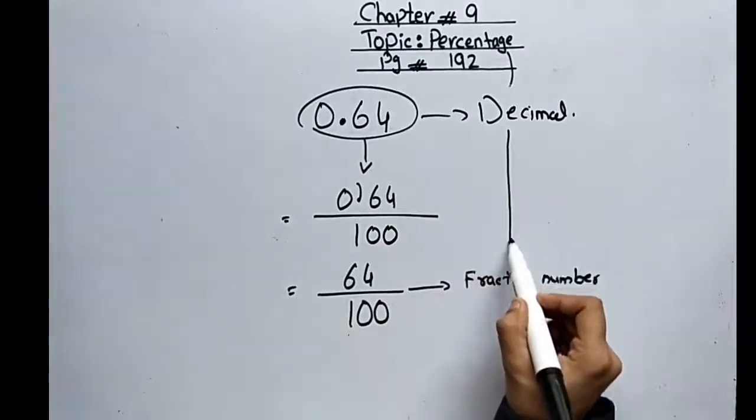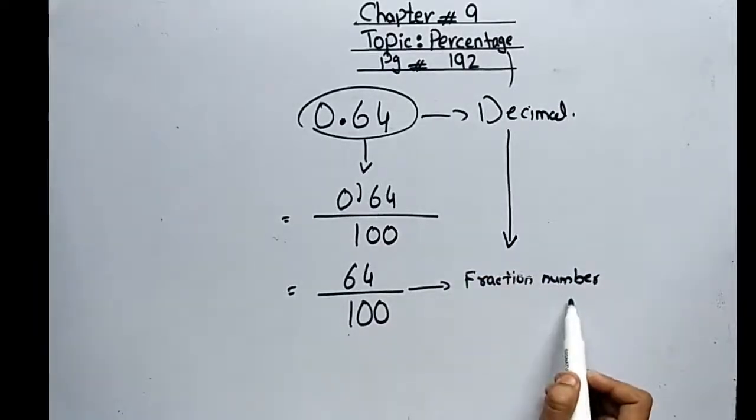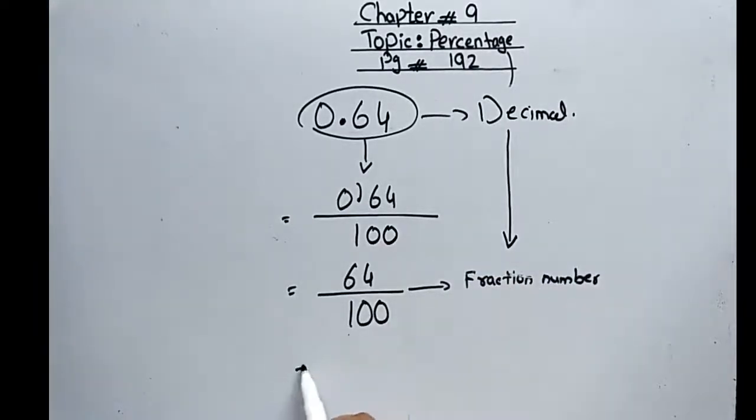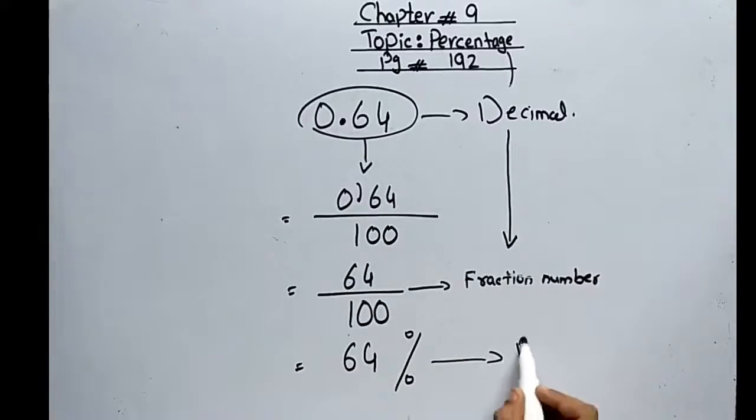So the decimal will be converted first into a fraction, and then the fraction 64 out of 100 can be written as 64%. As we know, percentage means out of 100. So when we remove the 100 in the denominator, we write the percentage sign with 64. 64%. And this is called the percentage form.